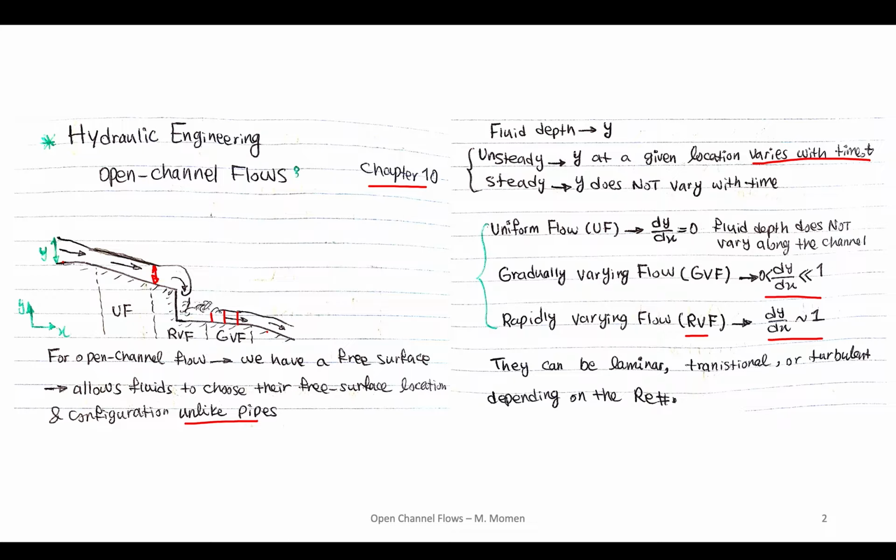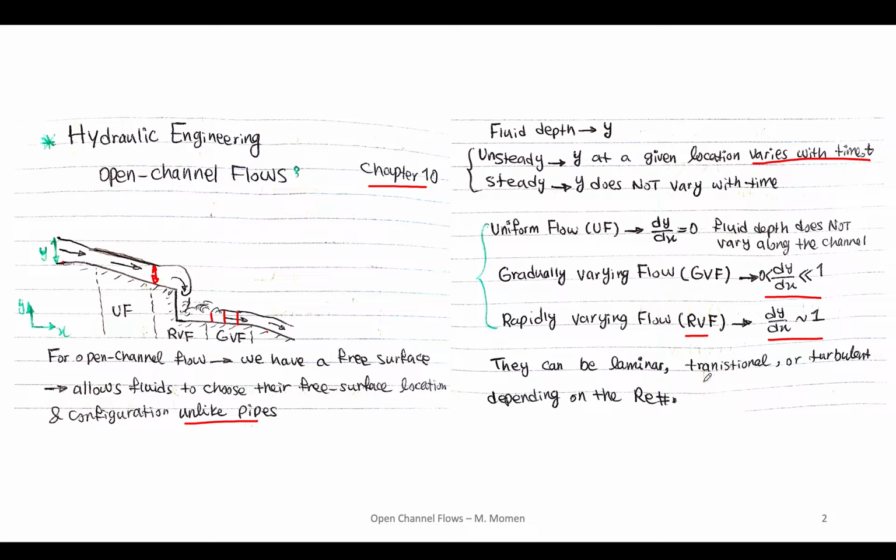Like here you can see an example of turbulence. And typically, I think a Reynolds number more than 10,000 is turbulent in this context, and less than 2,000 is laminar, and in between is something we call transitional regime.